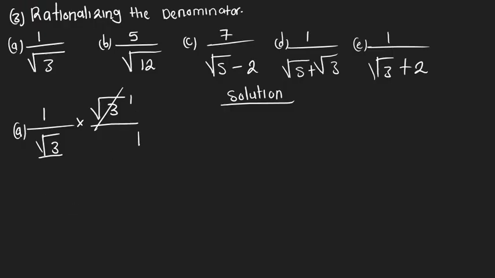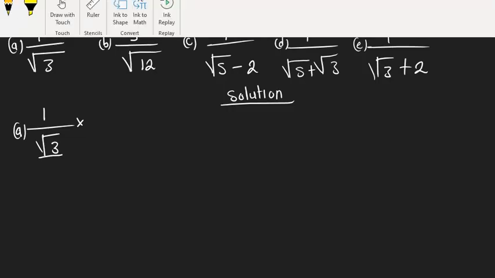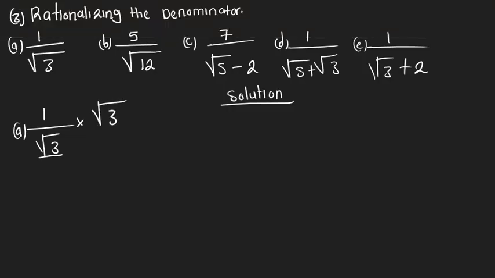So that's what you do. You introduce the square root. Then you will see how it's going to come out from there. What is 1 multiplied by root of 3? It becomes the root of 3 over root of 3 multiplied by root of 3, which becomes 3. You have rationalized. You have removed the square root from the denominator.